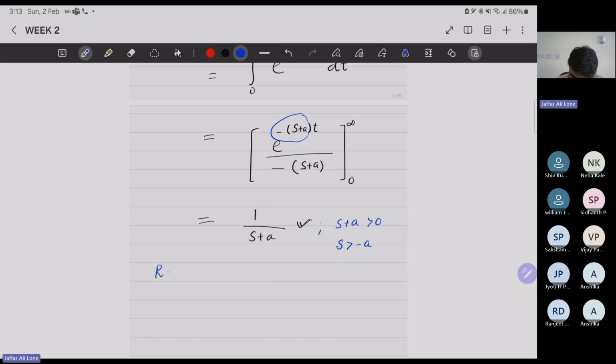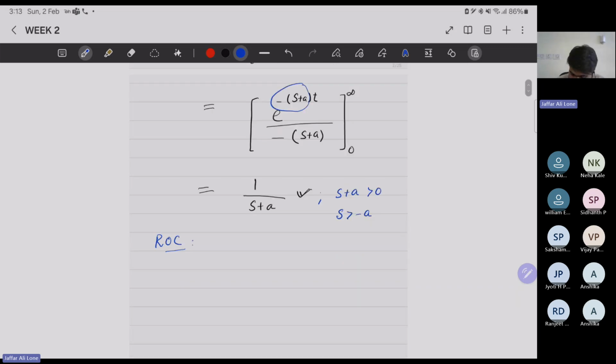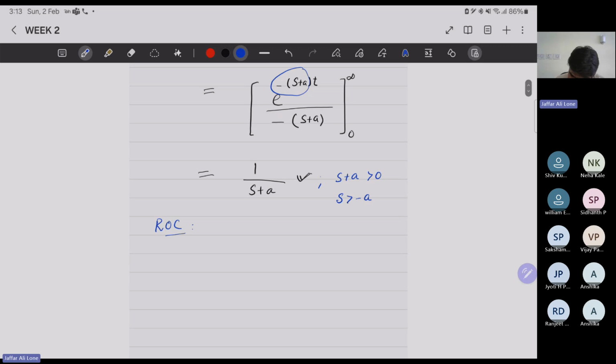What is it called? ROC. You have learned it, I'm just recalling. So what is this ROC?